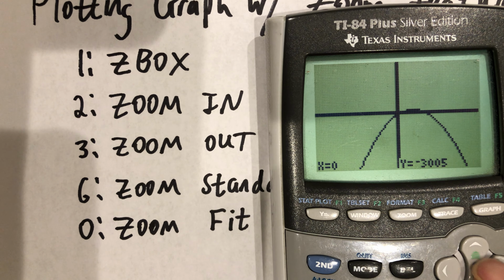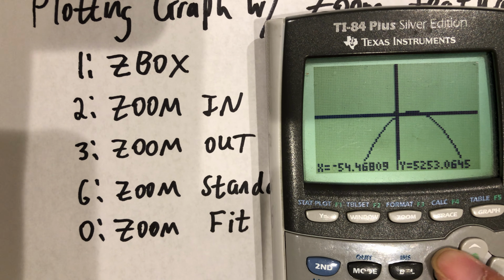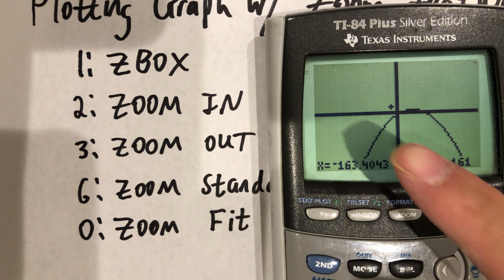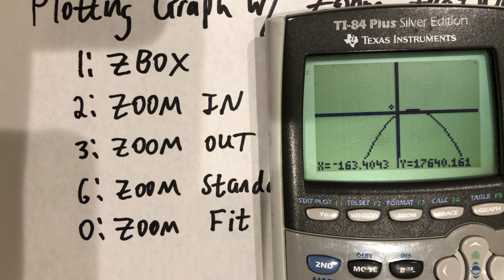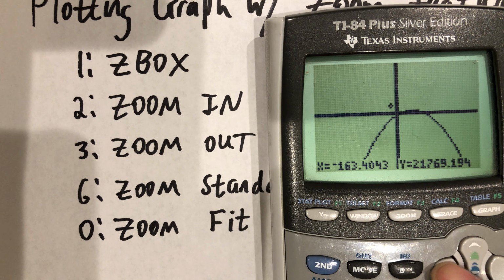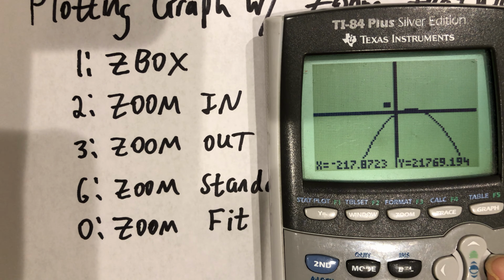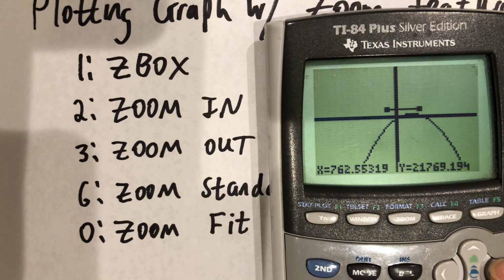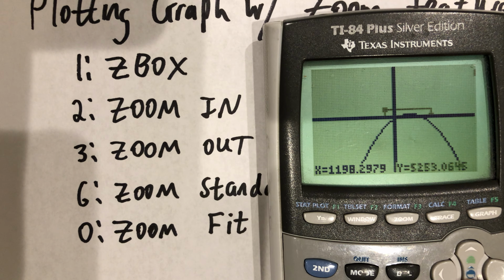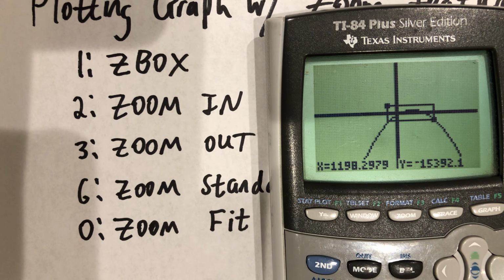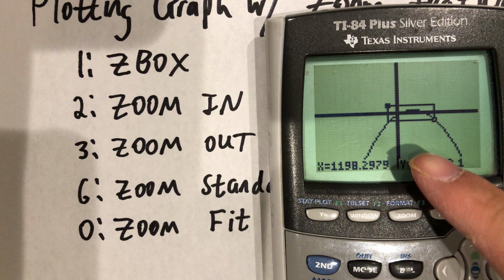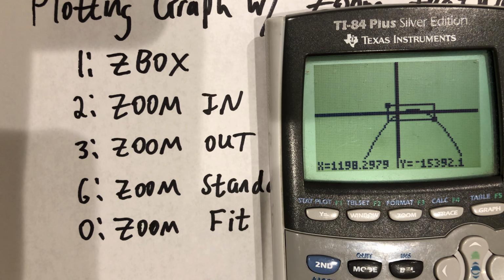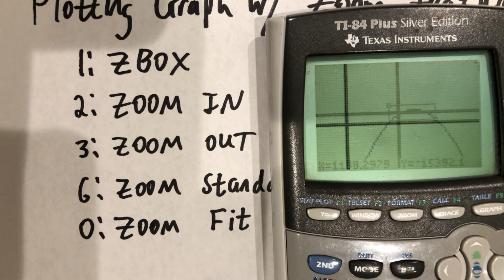The way this works is that you have this little cursor here, and with the zoom box feature, you can create a box around any section of the graph, and then it'll zoom in on that particular box that you make. So I am going to start maybe somewhere right here. What I'm trying to do is get a clear idea of where the intercepts and the max are. So now that I have my box here, I'm going to click enter.